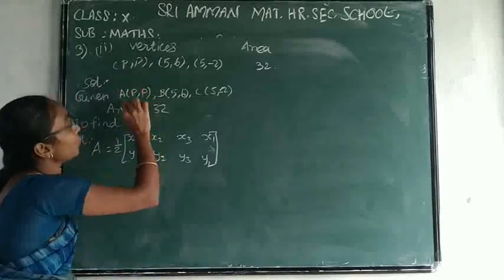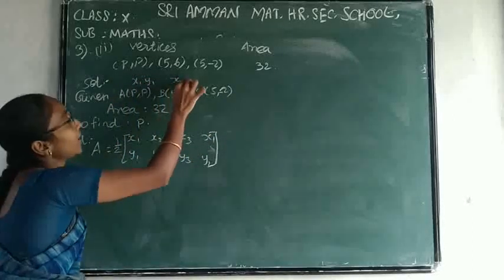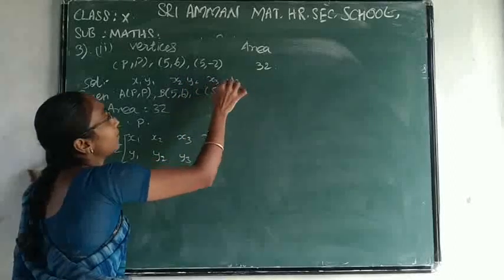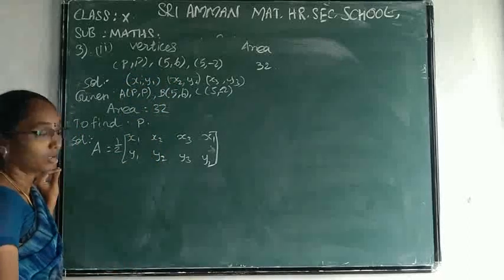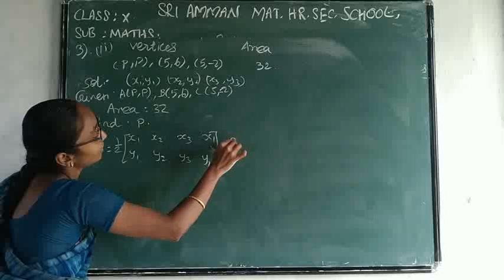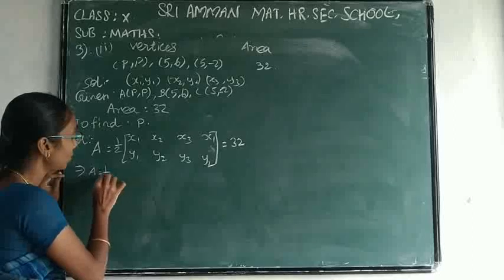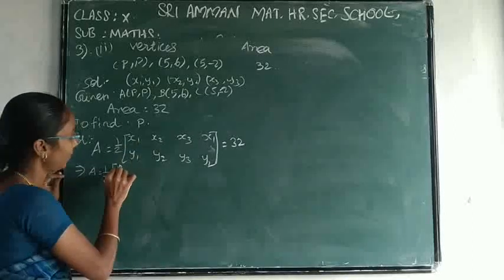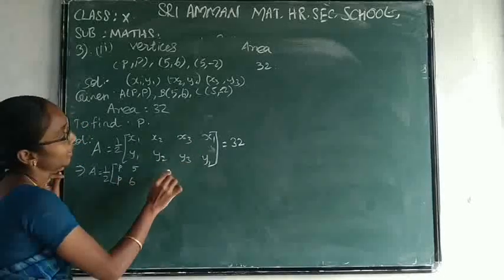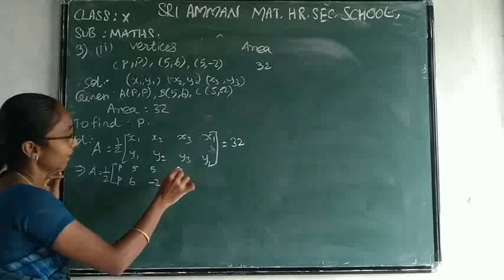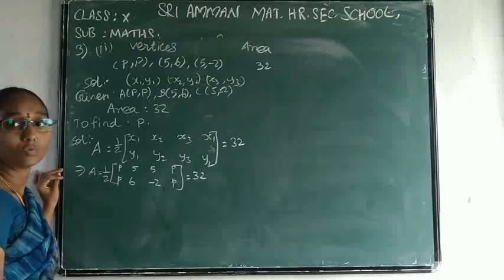Substitute the values of the coordinates x1, y1, x2, y2 and x3, y3 in this formula. The given area is 32, which implies A equal to half into p, p, 5, 6, 5, minus 2, again p, p, equal to 32.